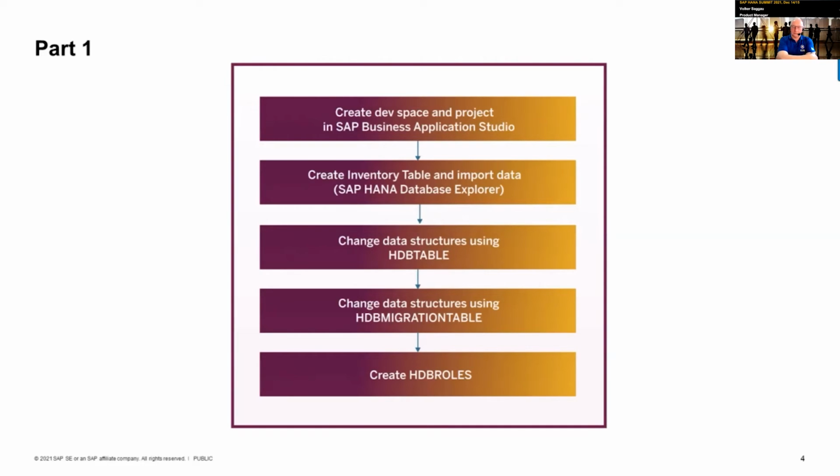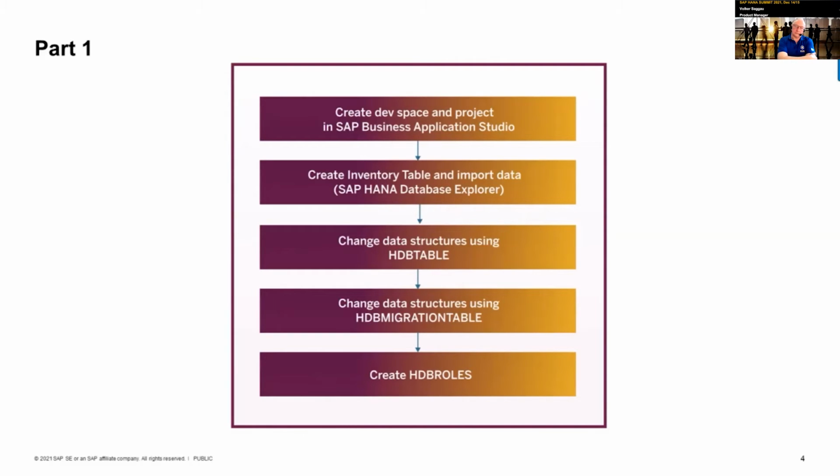And therefore, we found a real dedicated structure called Hdb Migration Table, which is a different way to act, which allow us to convert the table in a way the database is more graceful and consumes much less resources.